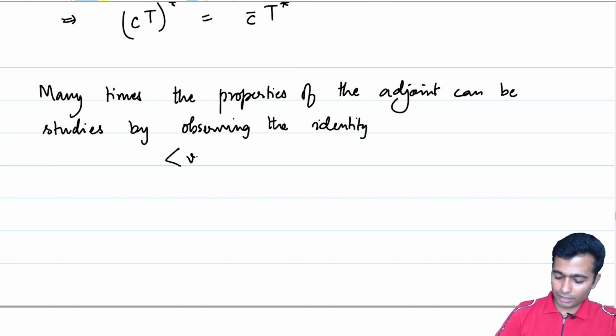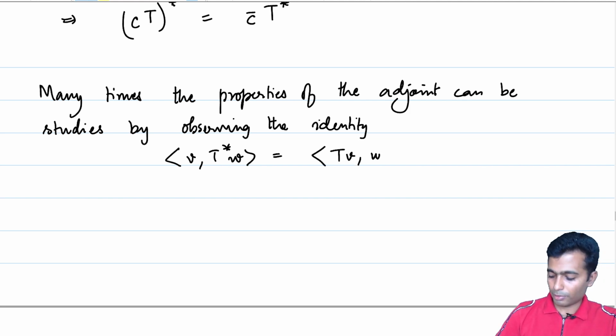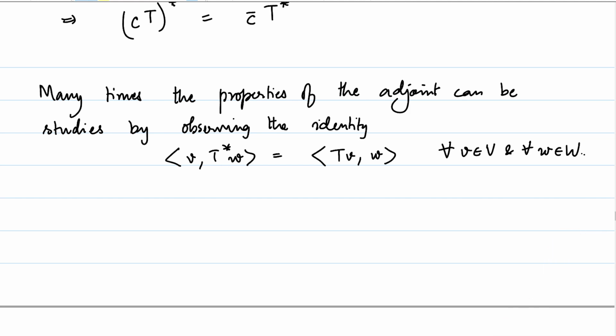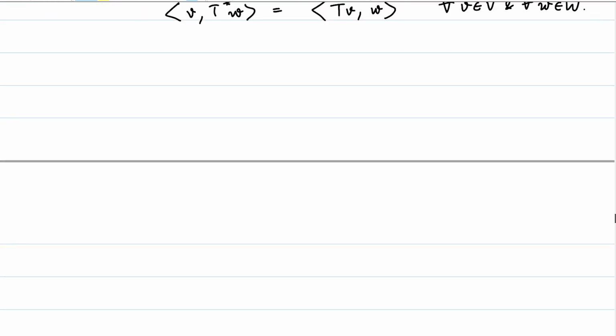This identity, the inner product of V and T star W is equal to the inner product of TV comma W, for all V in capital V and for all W in capital W. So this identity many times helps us prove many properties. Let's look at a few conclusions that we can draw by using this identity.